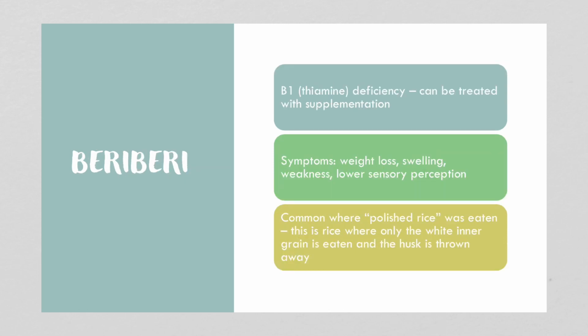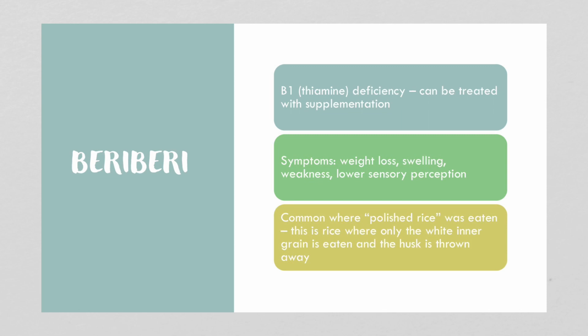Another nutrient deficiency is called beriberi, which is vitamin B1 or thiamine deficiency, and we can treat this one with supplementation. This is quite interesting. The symptoms are weight loss, swelling, weakness, and lower sensory perception, so you might not notice if your sensory receptors are being stimulated.